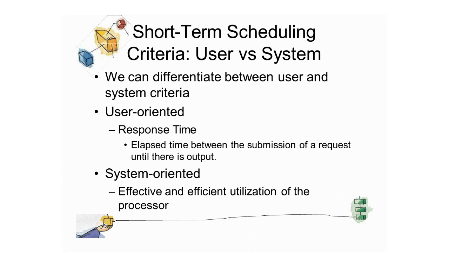Short-term scheduling criteria: user versus system. We can differentiate between user and system criteria. User-oriented: response time, the elapsed time between the submission of a request until there is output. System-oriented: effective and efficient utilization of the processor.